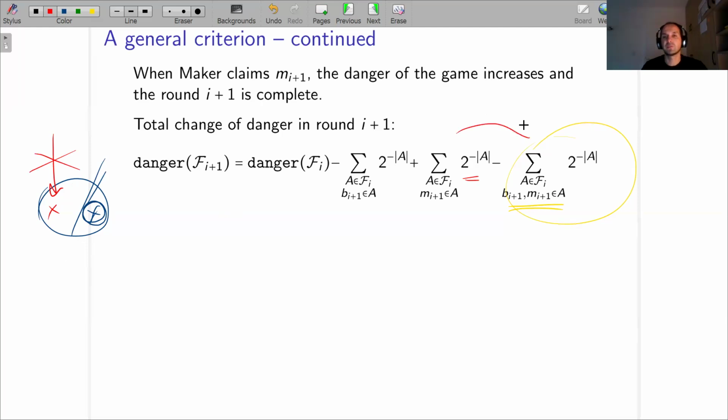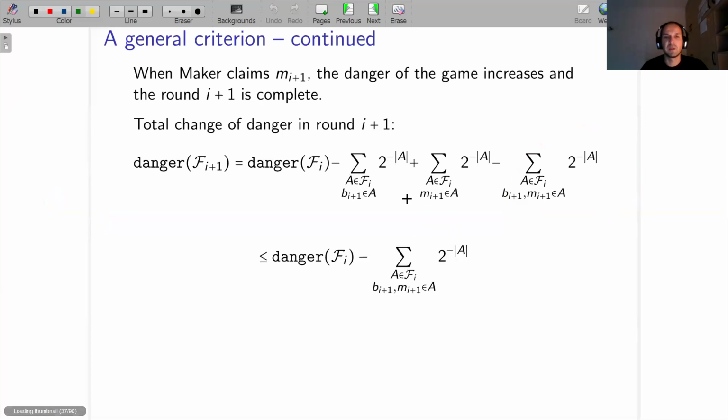So we have to subtract again those that contain both. We shouldn't have added them here, so we have to subtract.